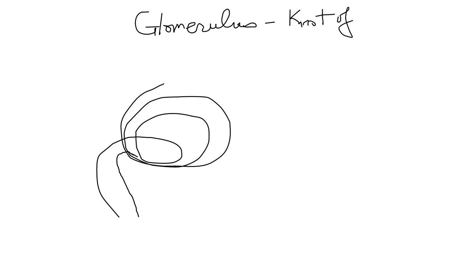for the kidney to filter blood, you have a structure here, which we call a glomerulus. Now there's the blood vessel that brings blood into this ball or knot of capillary.